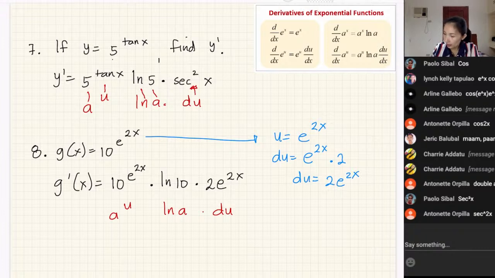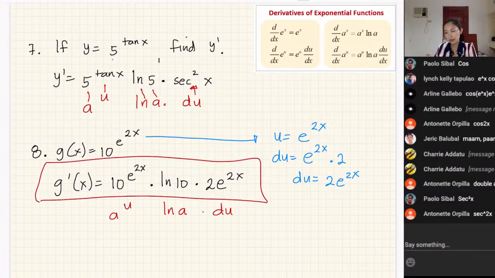This is alright anyway. May I enclose it in a rectangle? That's alright, or you can arrange. Anyway, we cannot put this together, because the bases are different. This has a base of 10 and this one is 2e, so we can't.